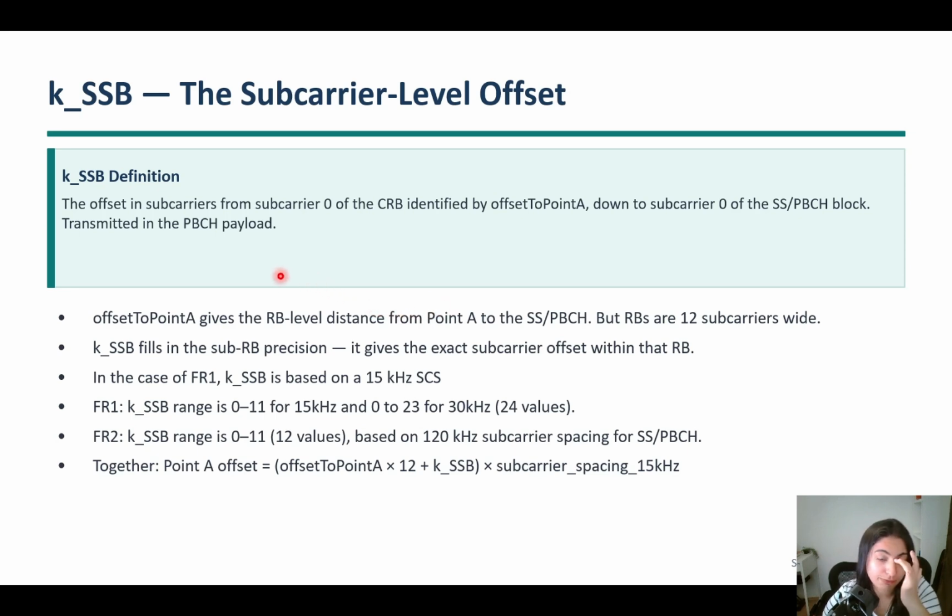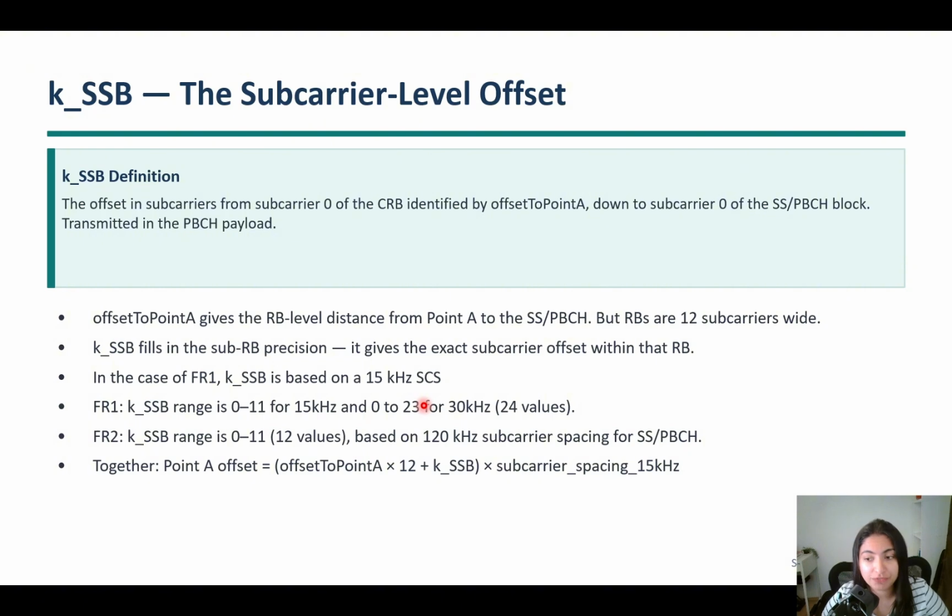For FR1, frequency range 1, KSSB goes from 0 to 23, so that's 24 values. This covers the maximum possible subcarrier offset, whether the SSPBCH block uses 15 kilohertz or 30 kilohertz subcarrier spacing.